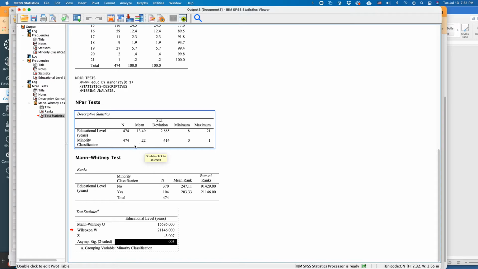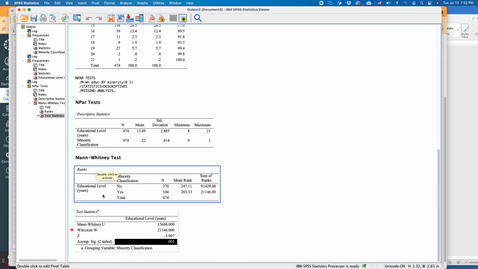So we have our minority classification. This does not really mean anything. It's more of a percentage. So we see that there are probably 22% who are classified as minorities because it just goes from 0 to 1. Right, so now we're looking at our ranks.